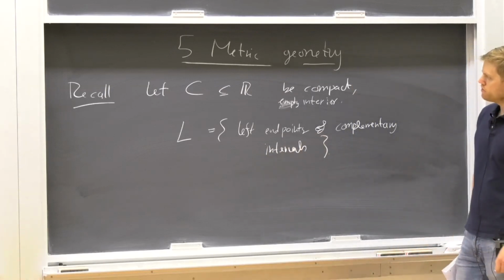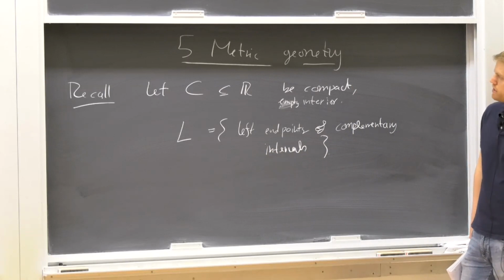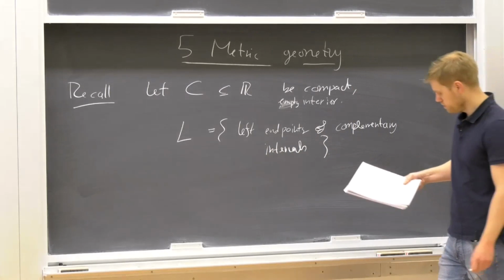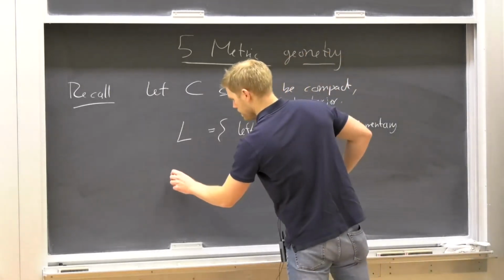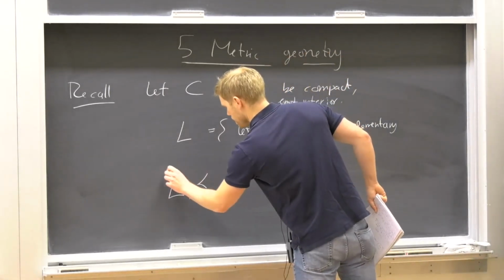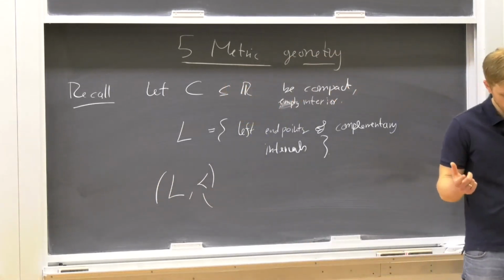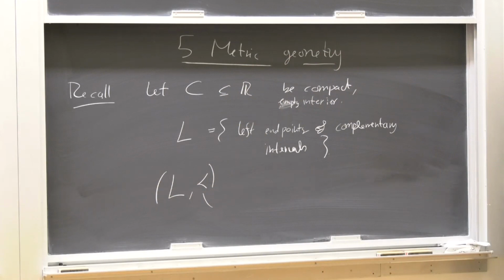And what we observed back then was that you could order them using omega order. Remember that this omega order essentially came from ordering them according to the length of the complementary intervals whose endpoints they were.